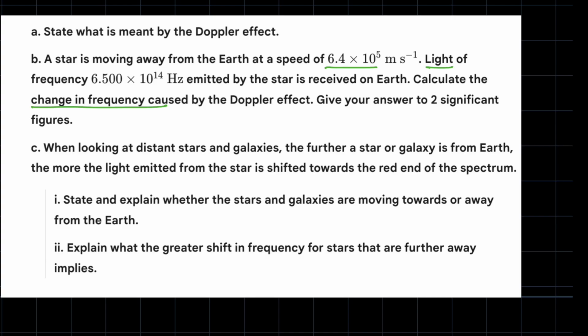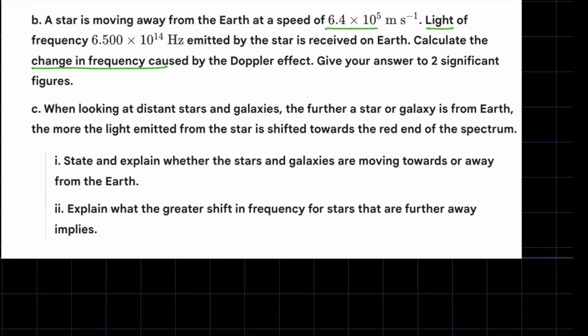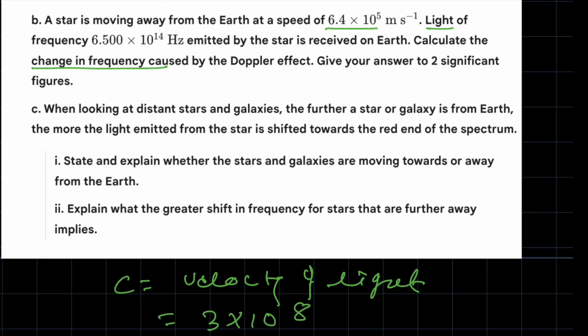In this problem, we have a star which is moving away from the earth, and we observe the light with frequency 6.5 times 10 to the power 14 Hz. Now we have to calculate the change in frequency caused by the Doppler effect, because this star is moving away from the earth. The idea is pretty much the same. c is the velocity of light, which equals 3 times 10 to the power 8 meters per second.